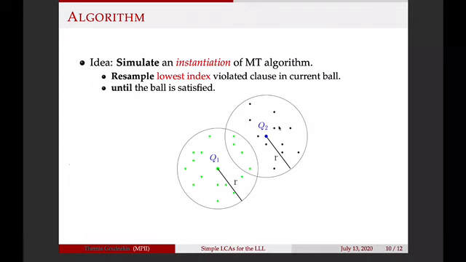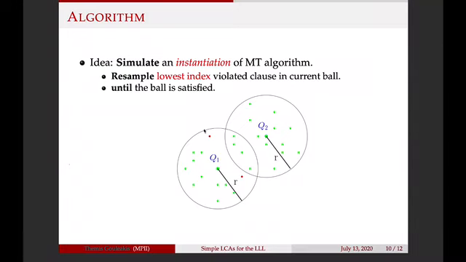So now the algorithm needs to extend the partial truth assignment on these new variables that appeared. This might mean that some clauses will be satisfied and some other clauses will be violated. So now we focus on the second ball of radius r and simulate the Moser-Tardos algorithm until all the clauses in the second ball are satisfied.